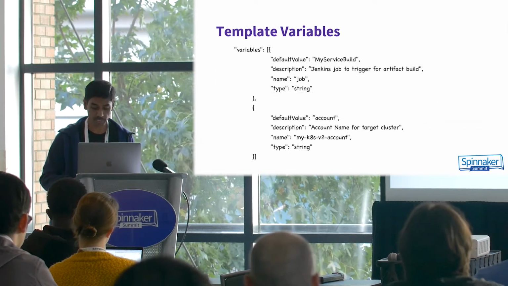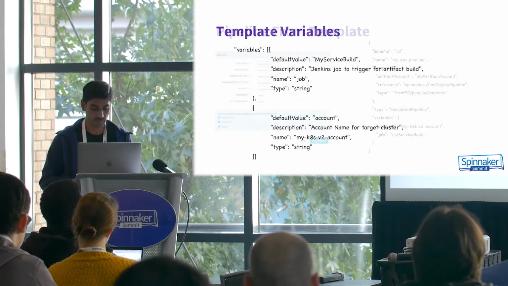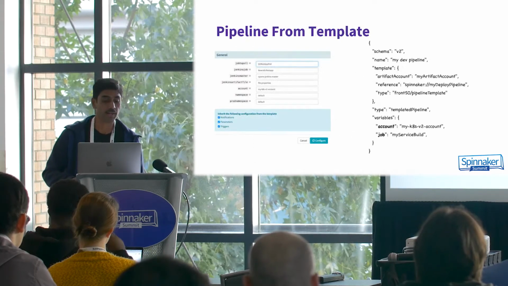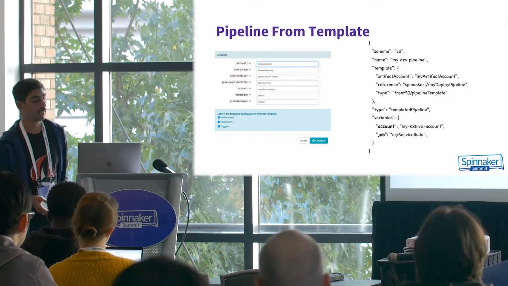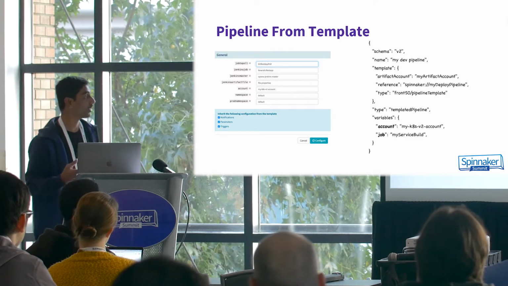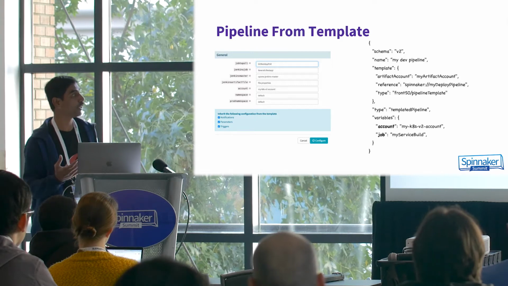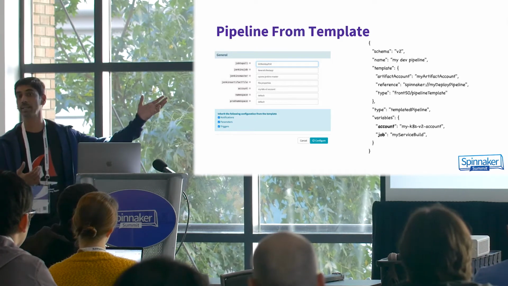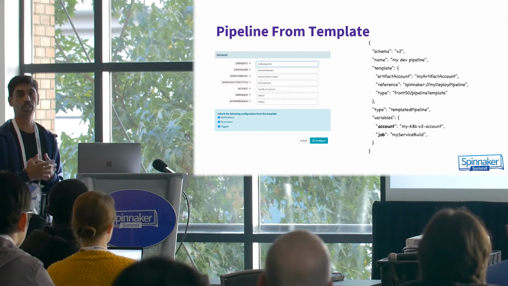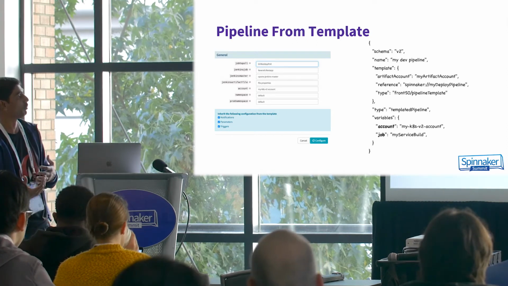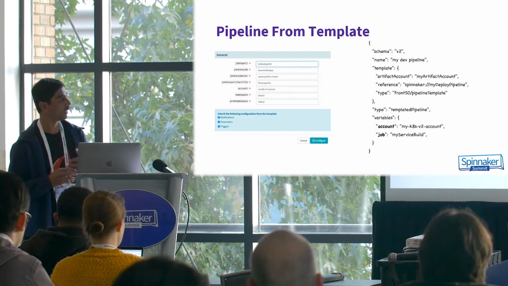So once the template is generated, you can create pipelines from the template. And typically the variables that you specify, if you're doing it from the UI, it would show something like a configuration. It will give you all these variables where you can put in the values, and that becomes your pipeline definition from that point on.